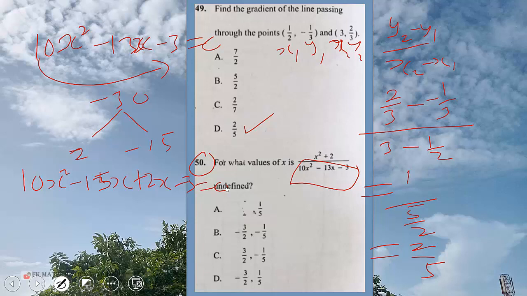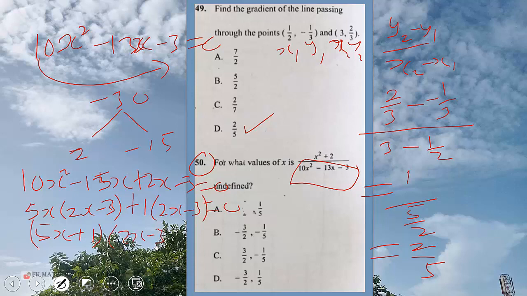So factor 5x out. We are left with 2x minus 3, plus 1 out, 2x minus 3 is equal to 0. So 5x plus 1 into 2x minus 3 is equal to 0. So x is either equal to negative 1 over 5 or positive 3 over 2. So option C is the correct answer.